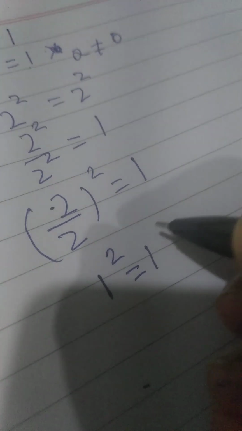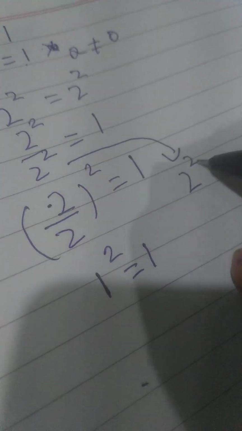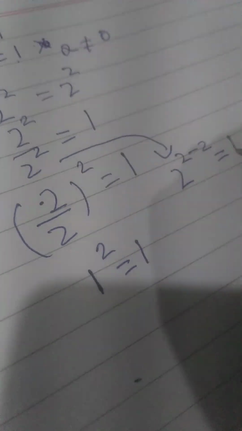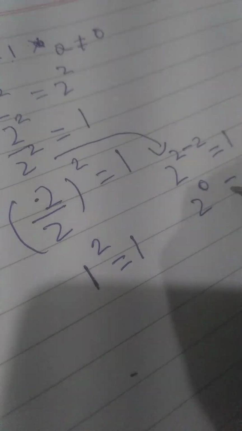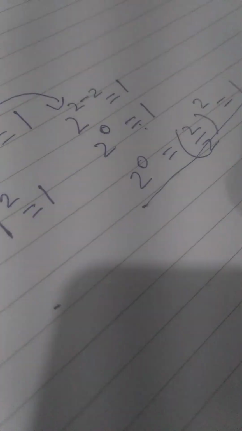Now 2 by 2 will cancel out, so we get 1 squared equals 1, and we can write this as 2 to the power 2 minus 2 is equal to 1. 2 to the power 0 is equal to 1, so we can write it as 2 to the power 0 is equal to (2 by 2) whole to the power 0 is equal to 1. Okay, we get this step.